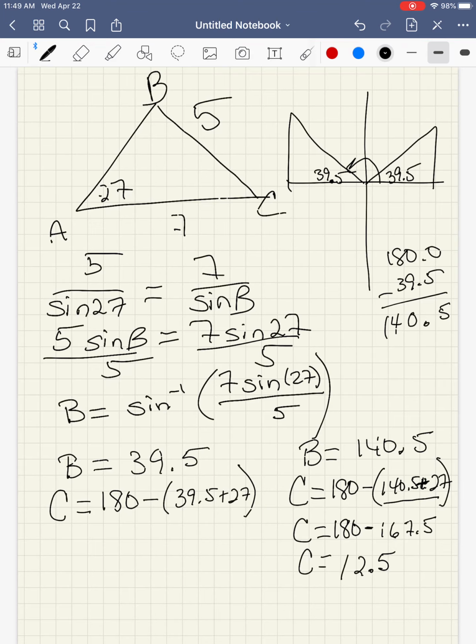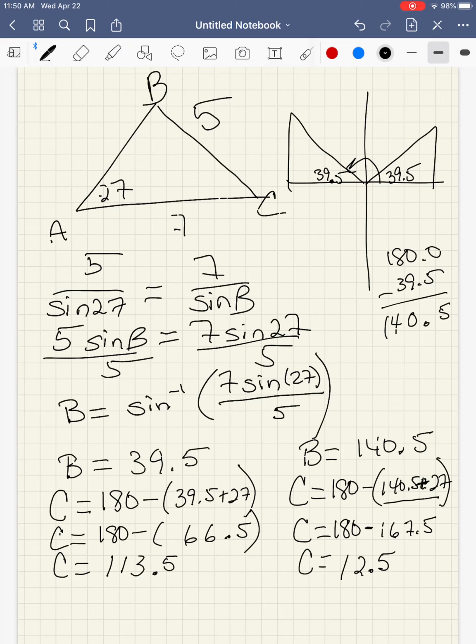It's a tiny angle, but it's an angle anyway. So then here we have C is going to be equal to 180 minus 57.9, so C will be equal to 113.5 or 12.5. So we do have 2 triangles.